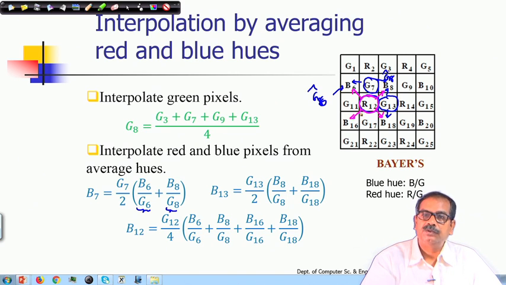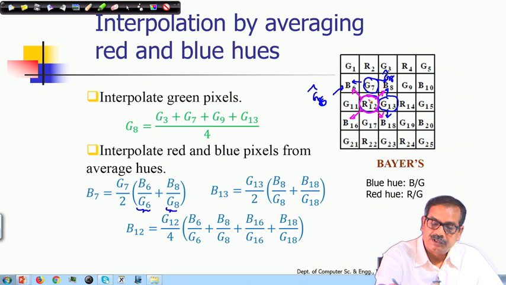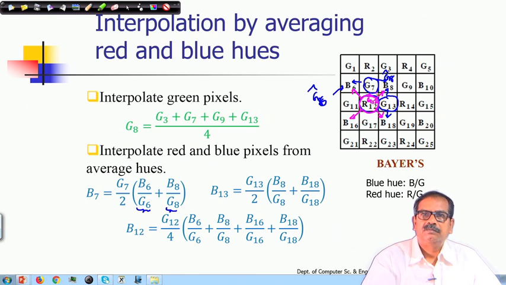So, you take the average of the hues of those locations, that means sum those hues and divide by 4, because there are 4 instances of blue hues, and then you multiply with the green sample. Here green is also estimated because it was a red location. So, the green value estimated by the green interpolation stage, you can use that value to get the missing blue sample. This is how you compute the blue components wherever they are not there in the color filter array. In the same way, you can do it for the red components.